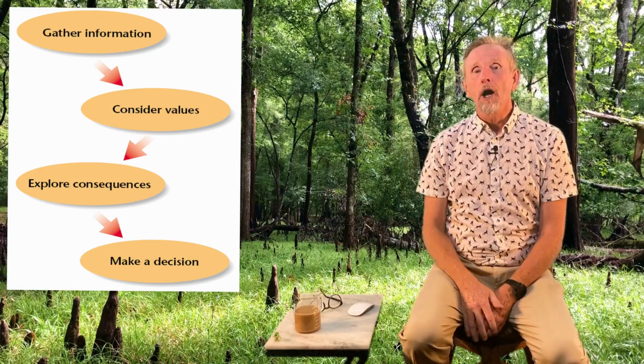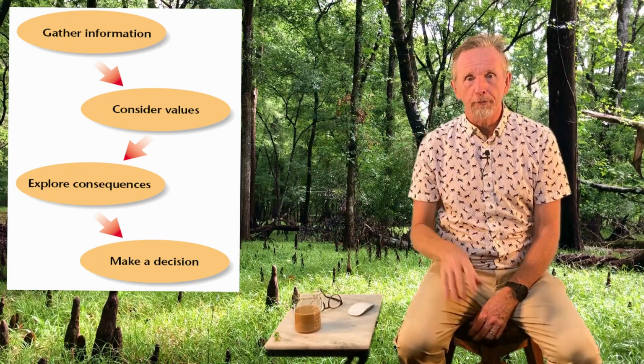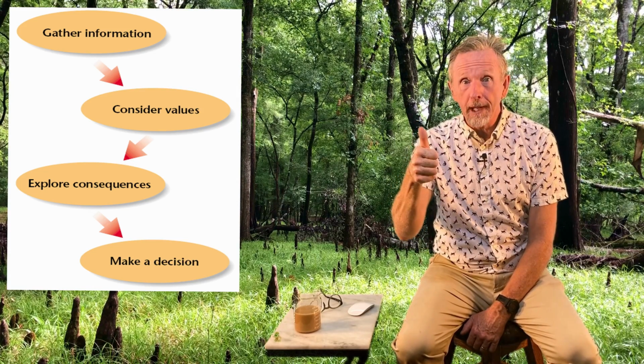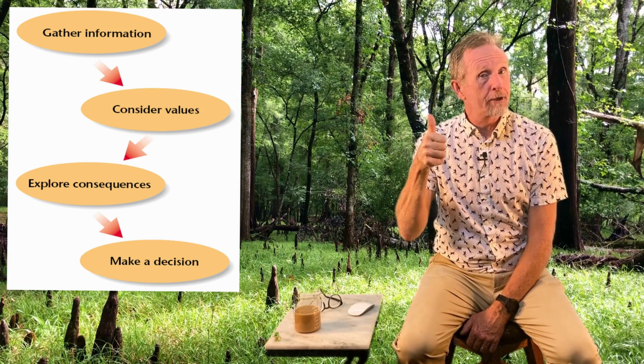So we apply this decision-making model. It can help you make decisions about environmental issues, which oftentimes can be very difficult. I am putting the basic model up here as a little picture we're flowing through. Basically, you're going to gather information, get as much information about it as you can.